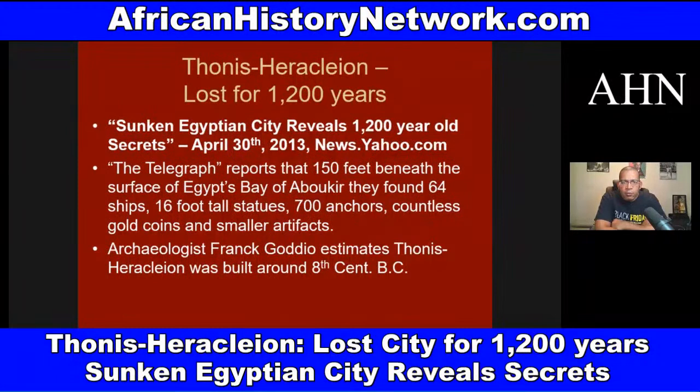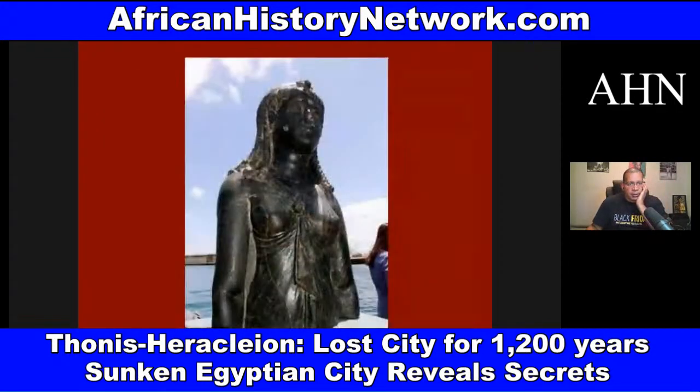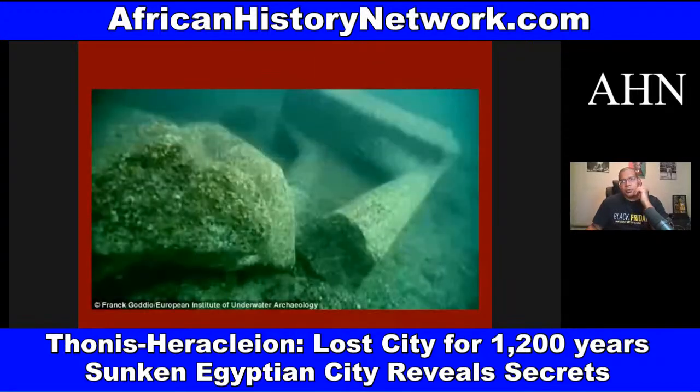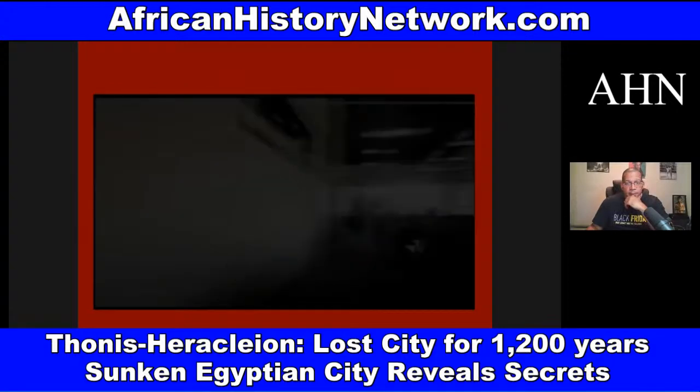Archaeologist Frank Gaudillo estimates Tanis Heraklion was built around the 8th century BCE, before the Common Era. So here are some pictures of what they found at the bottom of the sea. They found these 16-foot tall statues. Here's one with the legs broken off. Here's one that's probably from Offset with the horns and the sun disk. Okay.